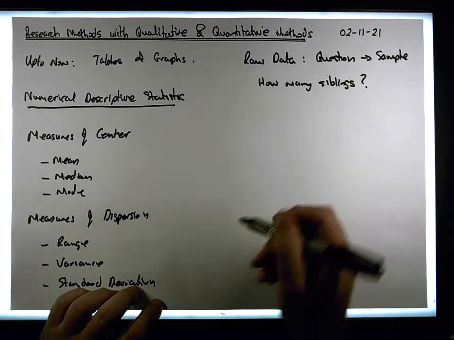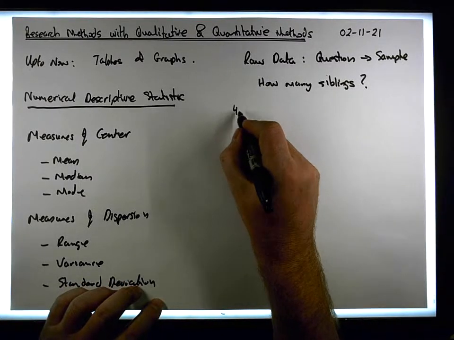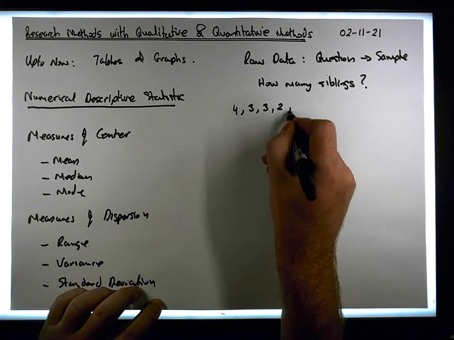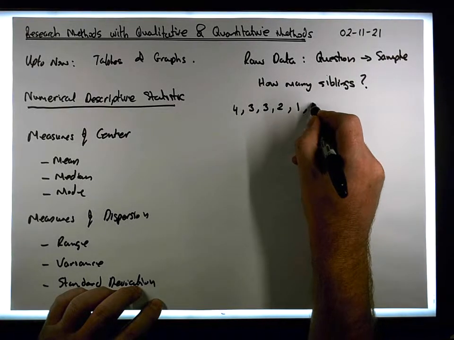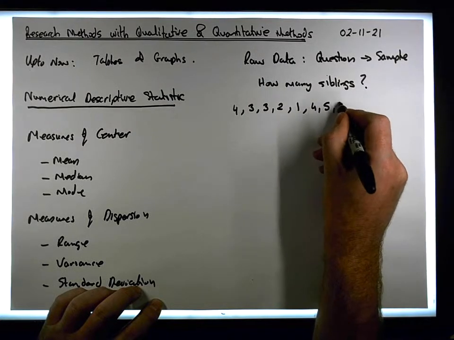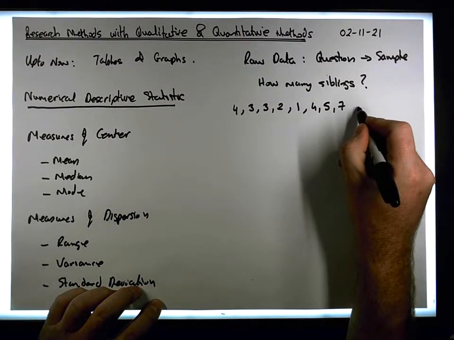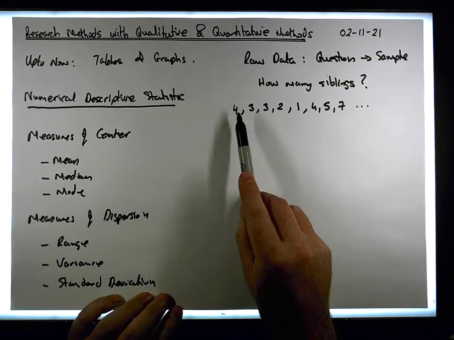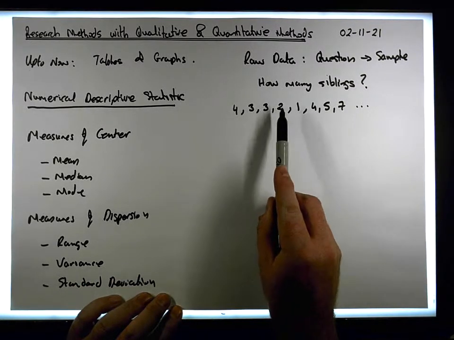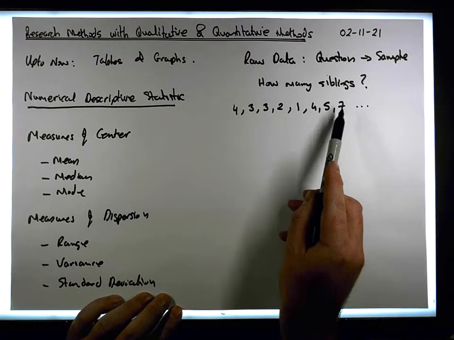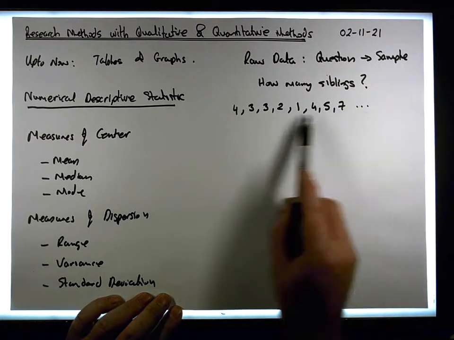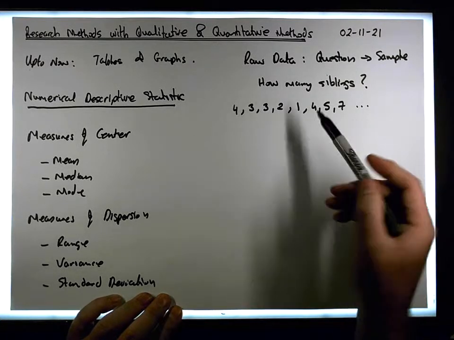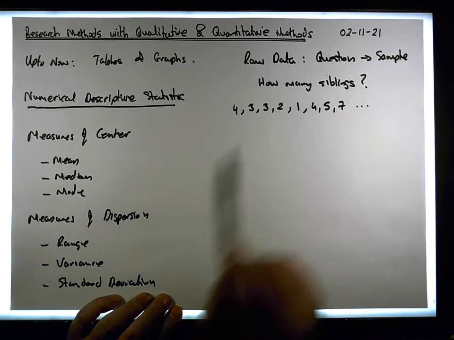So I asked the question of the first person. The first person says 4. The next person says 3. The next person 3. The next person 2. The next person says 1. We have 4. Let's say 5, 7, and so on and so forth. We could continue, but in this case, I've randomly selected 8 people from my population, and I've asked each one of them, how many siblings do you have?